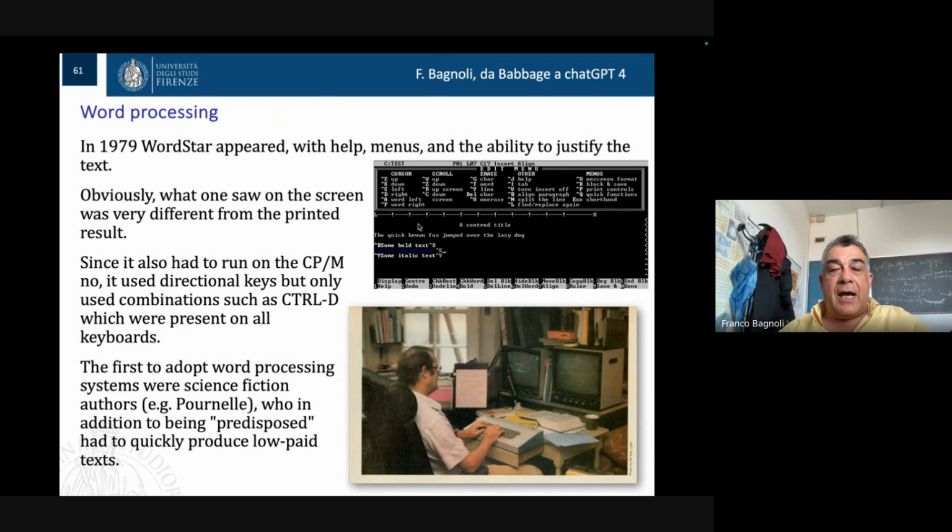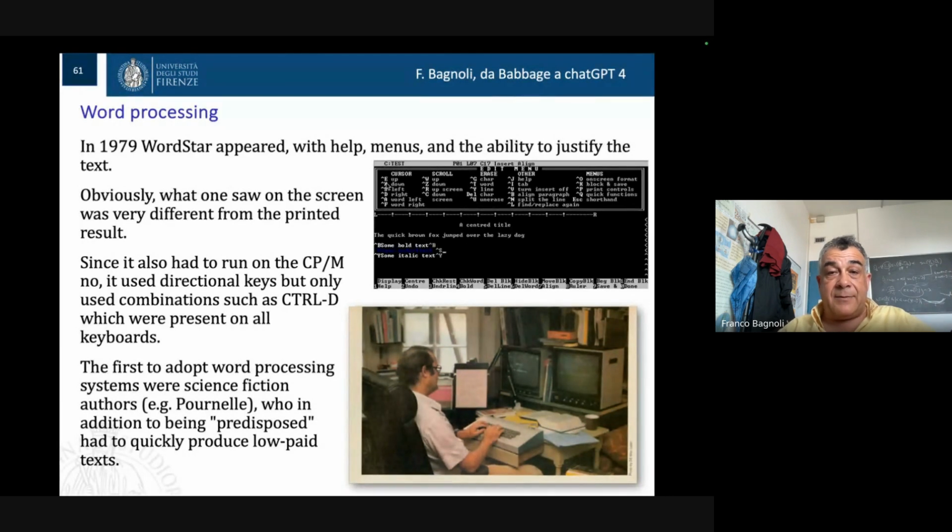So essentially, how could you insert the text and the commands to format the text and the commands to move inside the page using just a keyboard? So for instance, you can see here that one solution was to have a certain control text.